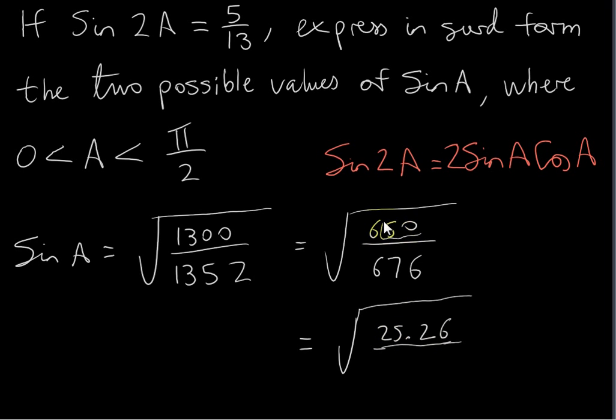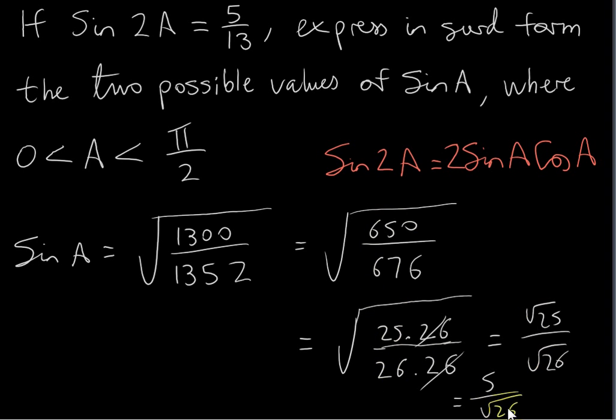So that's how I know from looking at the last two digits. So try to factor out a square if you want to simplify this surd. 676 is actually 26 times 26, but your calculator will give you the simplest form anyway, so we end up with the square root of 25 over the square root of 26. So in simplest surd form we get 5 over the square root of 26.